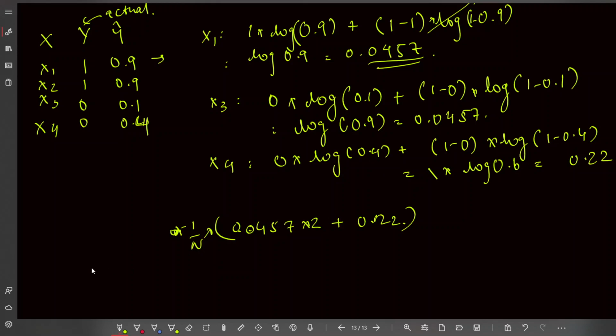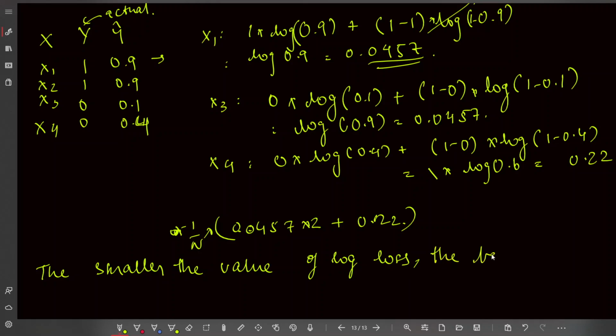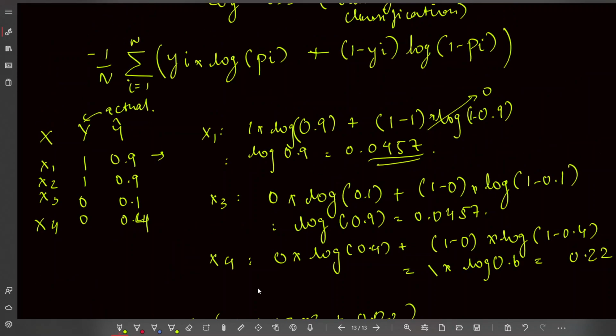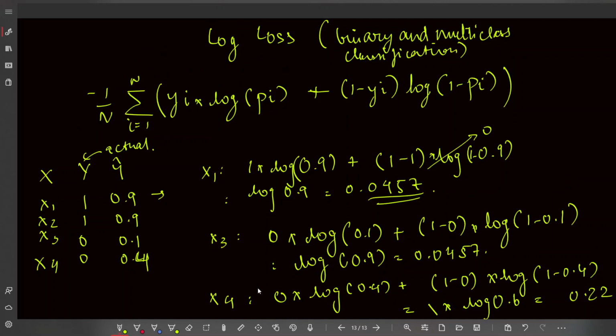So the smaller the value of log loss, or the more negative means smaller, the smaller the value of log loss, the better the model performs. Okay, so that is log loss for you.